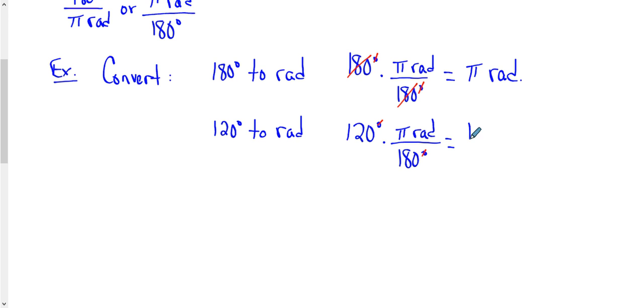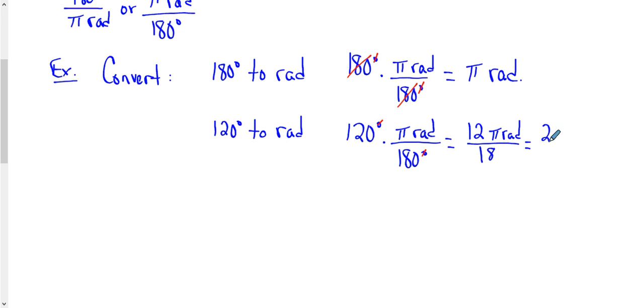And get 12 pi radians over 18. And the degrees are already gone, aren't they? Can I reduce 12 over 18 even more? Yeah, by 6. Divide them both by 6, and what are we left with? 2/3 pi radians, right? Or you might see it as 2 pi over 3. I should write it as 2 pi over 3. That'll be more conventional.